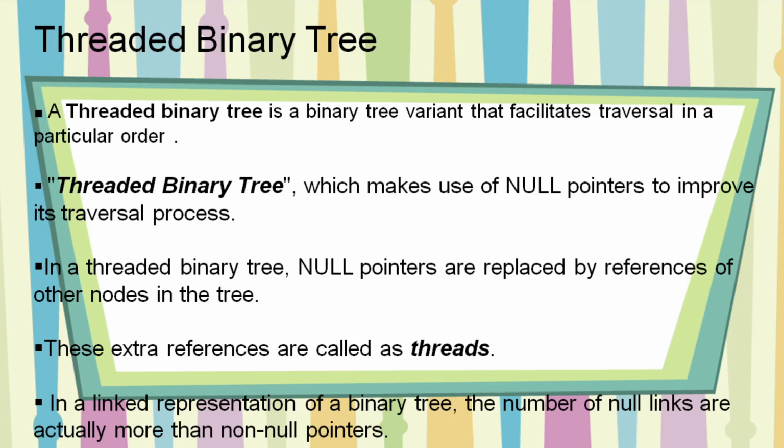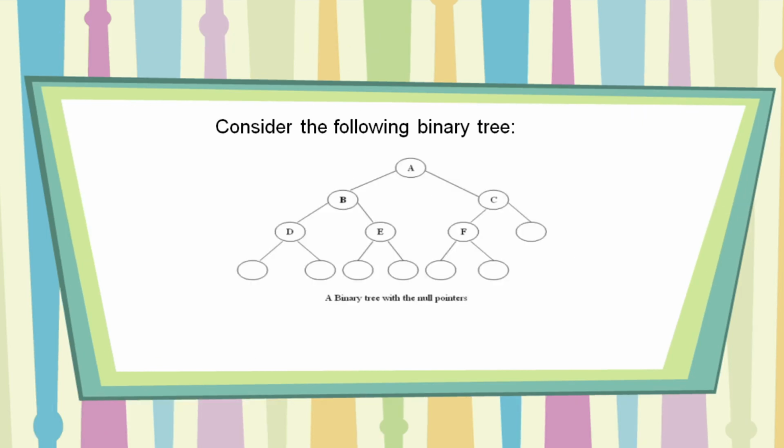In a linked representation of a binary tree, the number of null links is actually more than the number of non-null link pointers. This is our binary tree. If you observe this diagram, the null pointers are more than the actual non-null pointers.